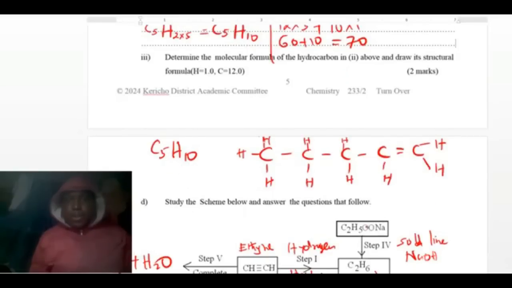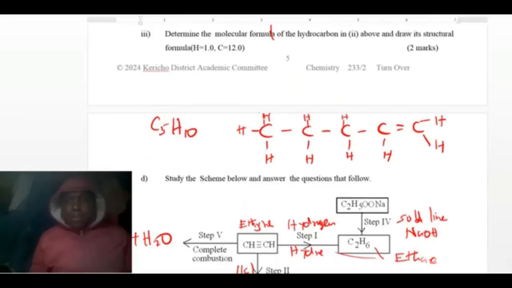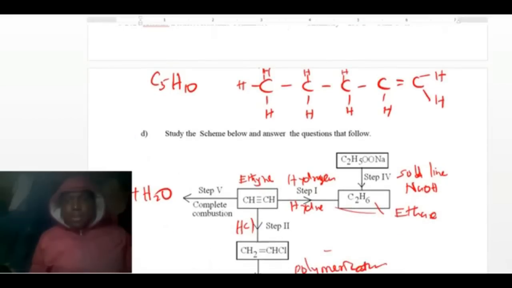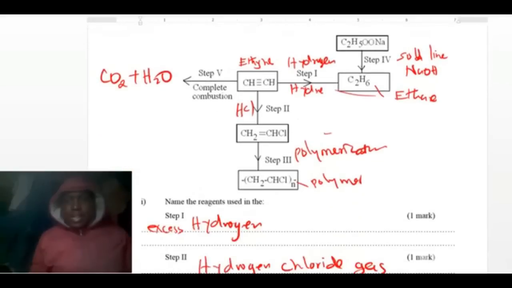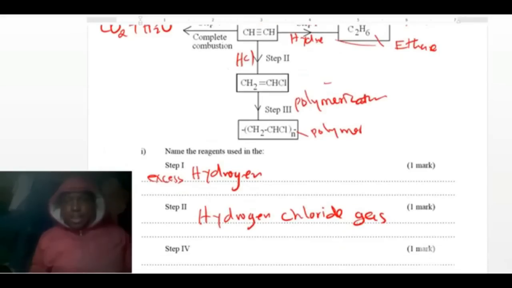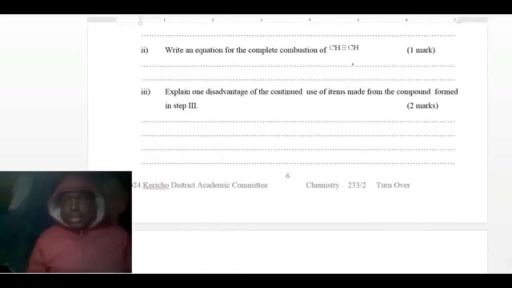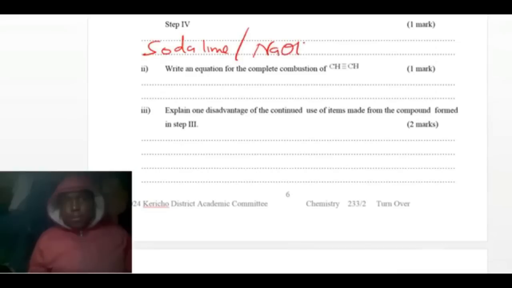Step 4, that is the formation of alkanes in the lab. Laboratory preparation of alkanes, we need the soda lime, and that soda lime is sodium hydroxide.